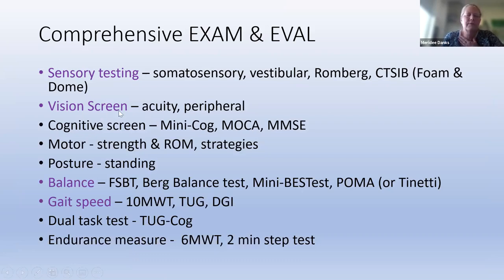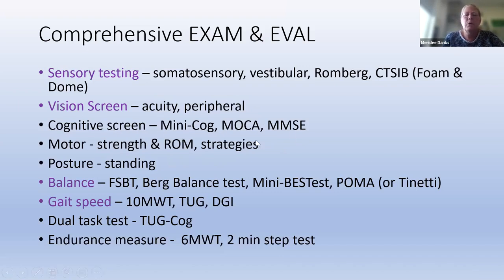Do a quick visual screen, both for acuity and peripheral vision. Cognitive screening might be indicated if we notice that in our intake eval. So the Mini-Cog or the MoCA or the Mini Mental State Exam are ones that could be done. Then we're definitely going to target looking at strength, especially of the lower extremities that might impact standing balance.